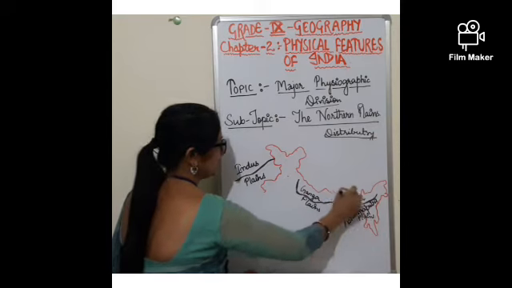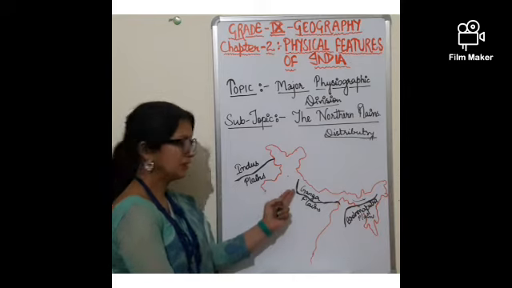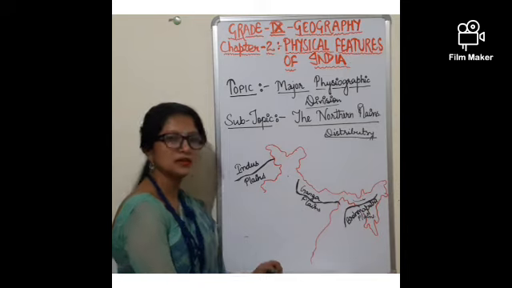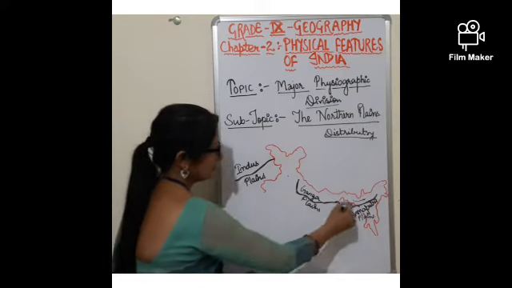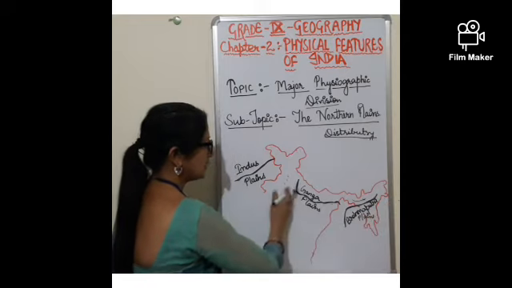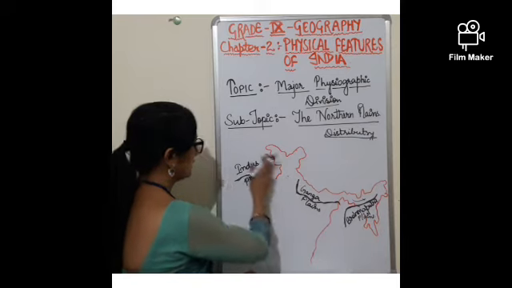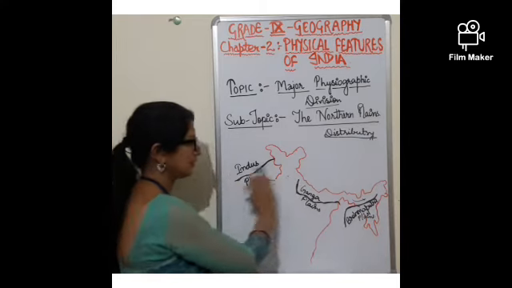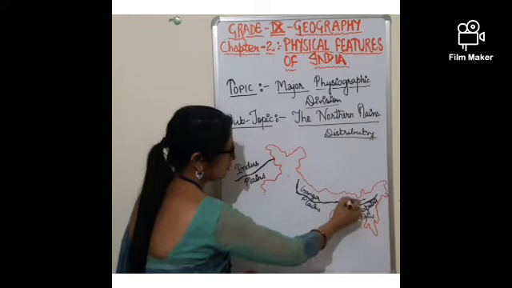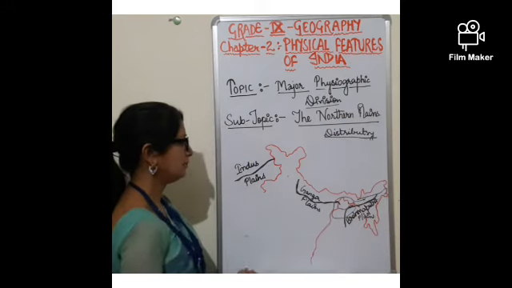This is the complete plain region of the Ganga Plain, and it covers the states of Haryana and UP and some parts of Odisha and Bihar. The Brahmaputra Plain is towards the eastern part and the Ganga Plain is at the center. This is also called the central plain, and this one is the western plain. The Brahmaputra Plain ranges from West Bengal to Assam.